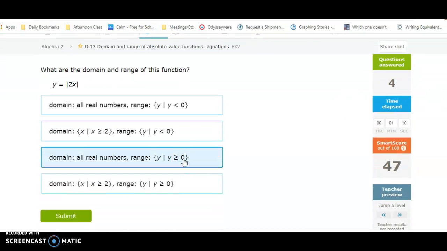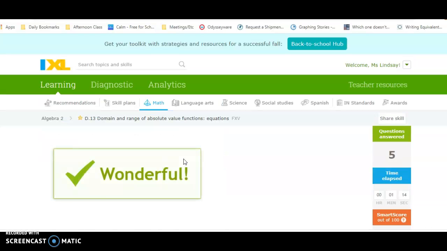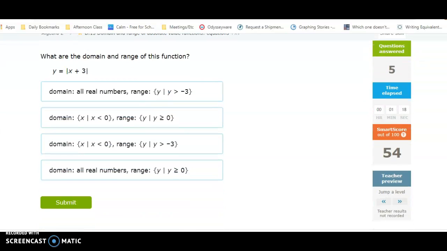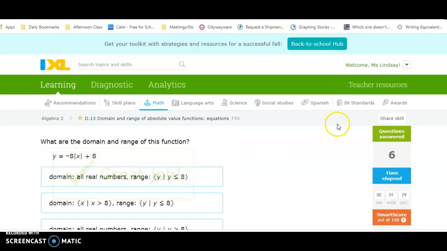So again, greater than or equal to 0. Domain still all real numbers. So the inside adding and subtracting does not affect the range. Only an outside adding and subtracting affects the range.